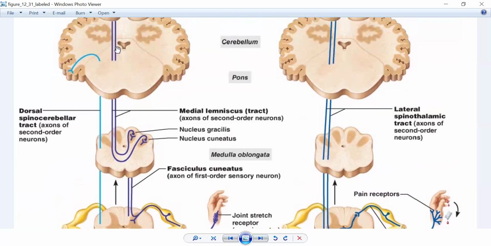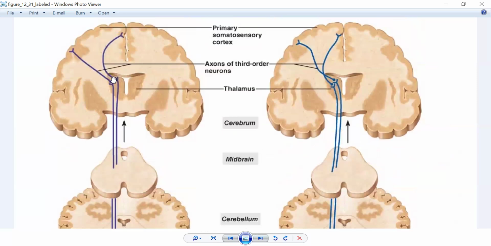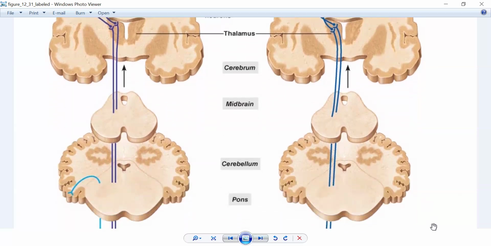Okay, and if this is sensory, your third neuron is always in your relay center. Remember, the thalamus is the relay for sensory. So the thalamus gets the information and then it's going to relay it, send it, in other words, to the correct cortex to interpret what it is you're sensing. So there's three pathways, three neurons when you send information or sensory up to the brain.